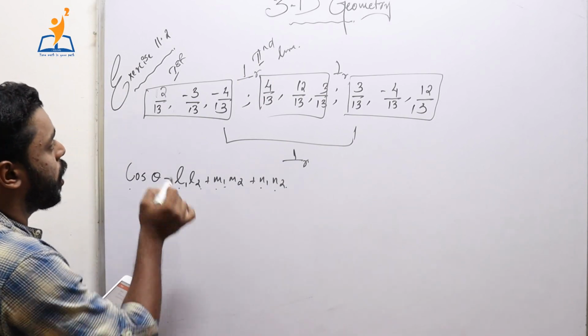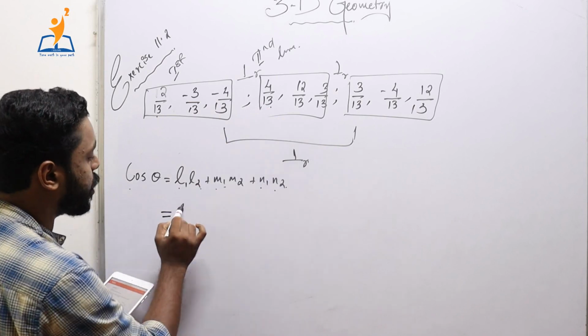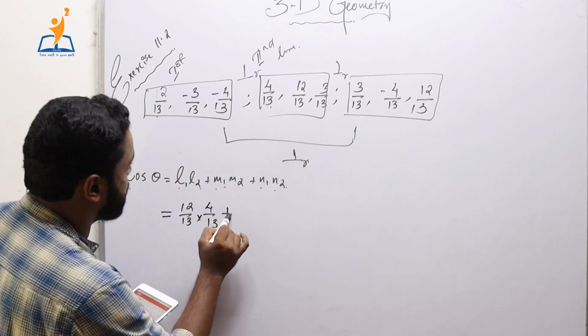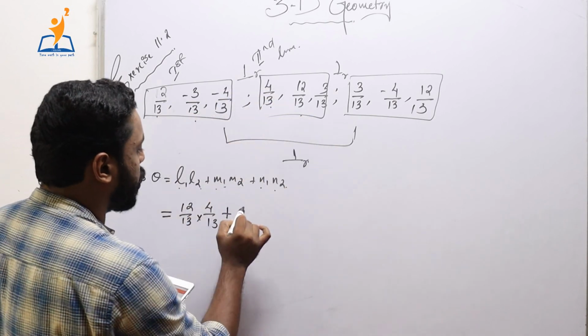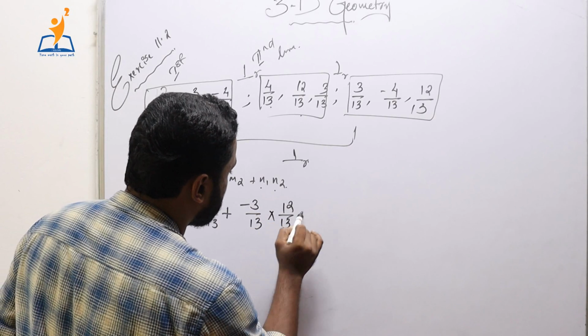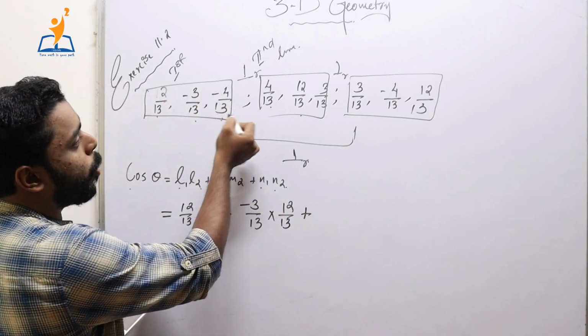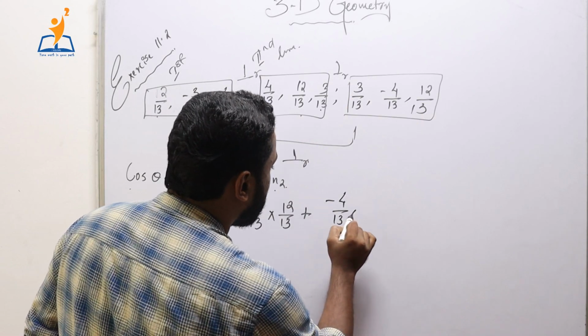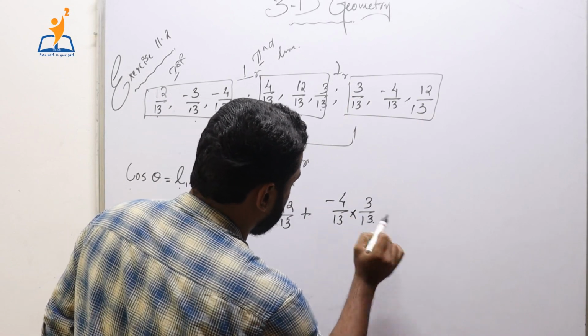It is equal to L1 into L2, which is 12/13 into 4/13, plus M1 into M2, which is -3/13 into 12/13, plus -4/13 into 3/13, isn't it?